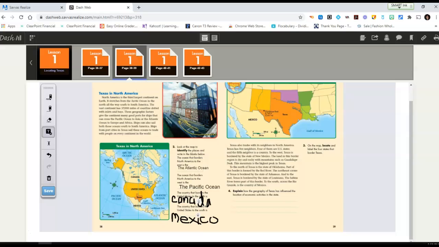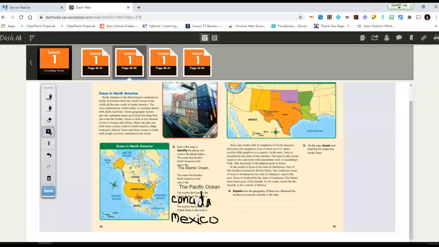Right, and do you notice how Texas has ocean? We have the Gulf of Mexico. So what do you think that means for the state of Texas? They trade so they can enter Texas. So you are absolutely correct.